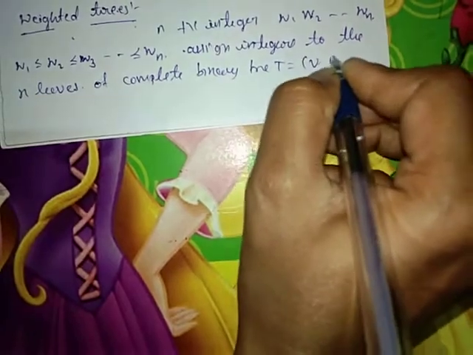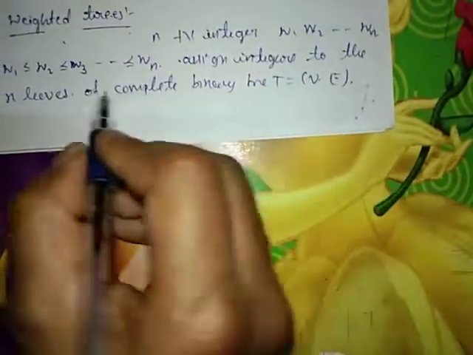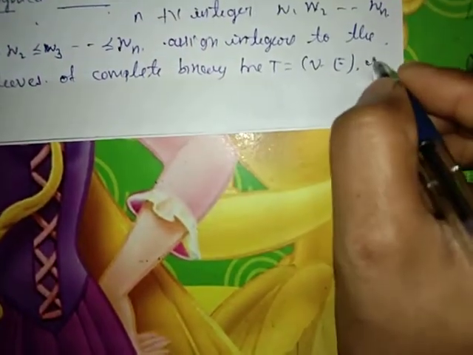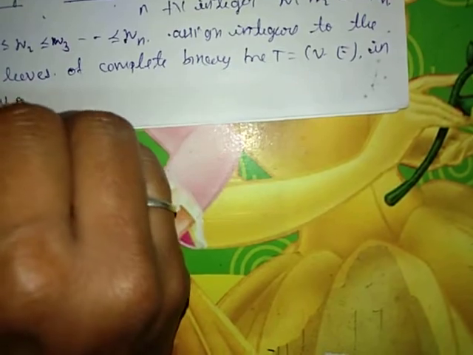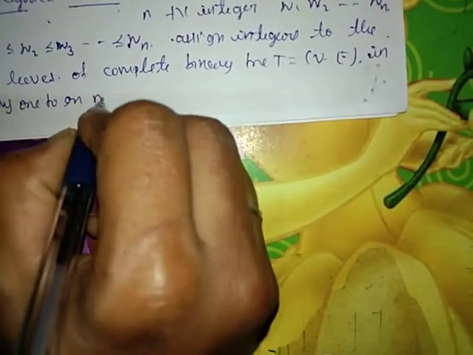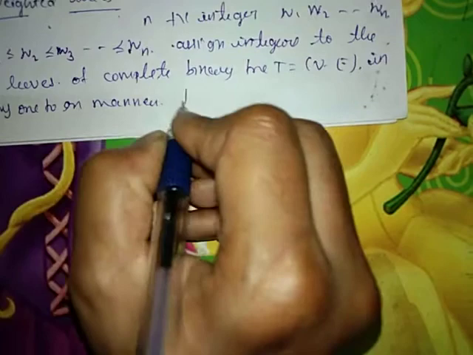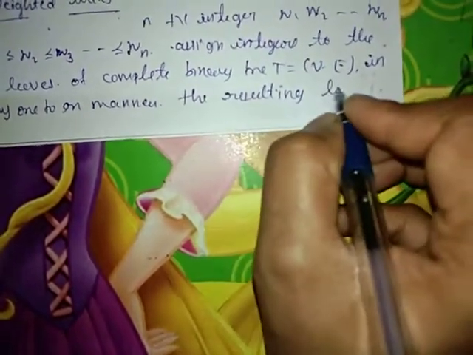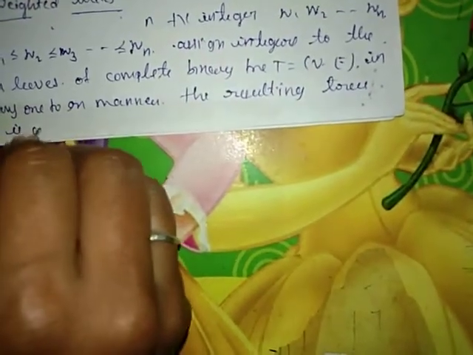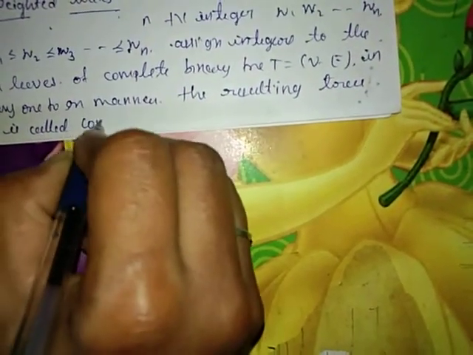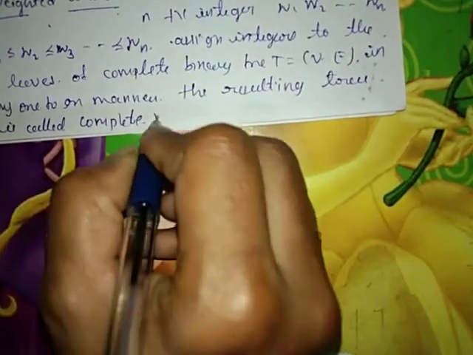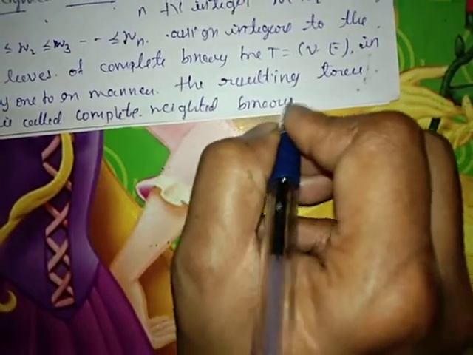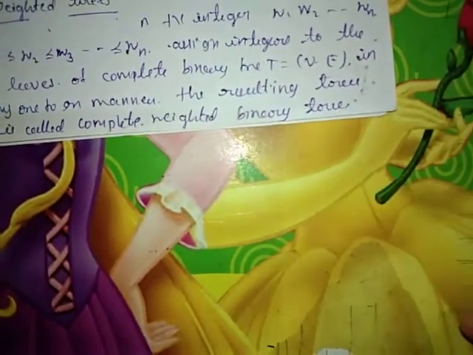For a complete binary tree, suppose we assign these integers to the leaves in any one-to-one manner. The resulting tree is called a complete weighted binary tree.